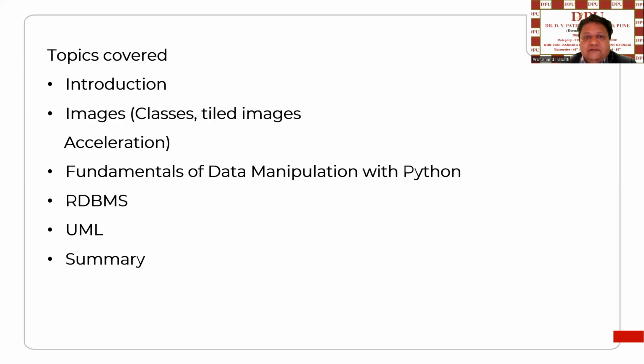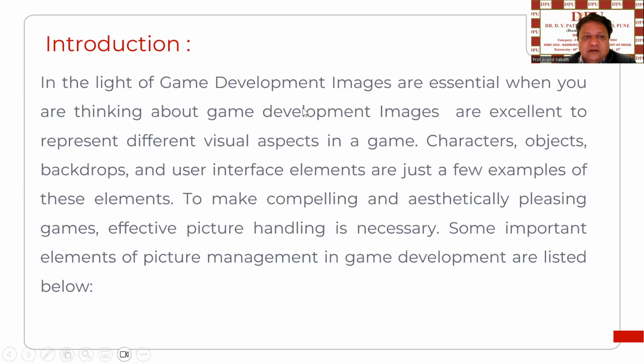Then we'll see the fundamentals or concepts of RDBMS, that is Relational Database Management System: how to open the database, how to connect to the database, how to create a table, and how to insert into the table. I will show that practically using Google Colab. Then we will discuss UML, that is Unified Modeling Language: what is the importance of UML and where UML is used? So this is the agenda for this second chapter.